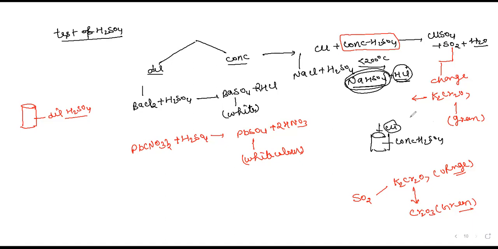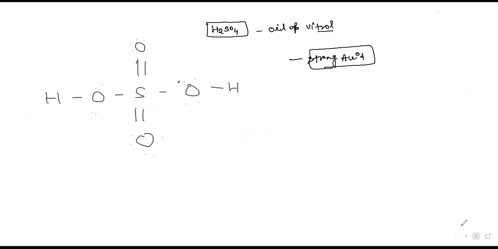So if we finally recap all the things, just one second, in five minutes we will recap everything. We started with the structure of H2SO4, and I think you made the structure in a very good way. H2SO4 is a powerful acid named oil of vitriol.